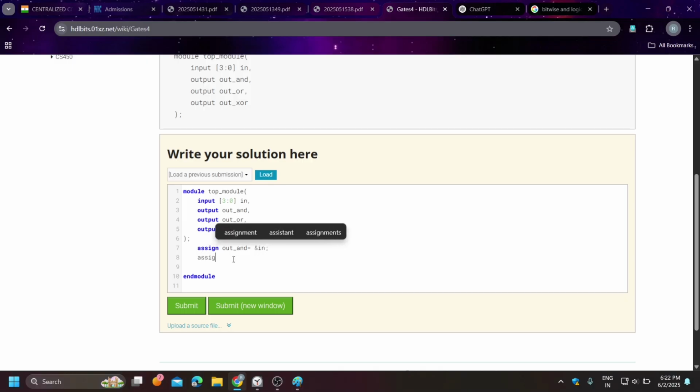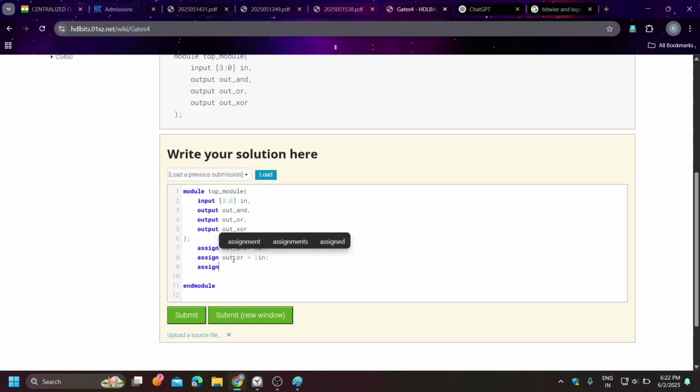Next, assign out_or equal to OR of in. Next, assign out_xor equal to XOR of in.